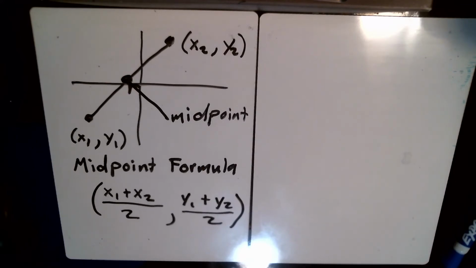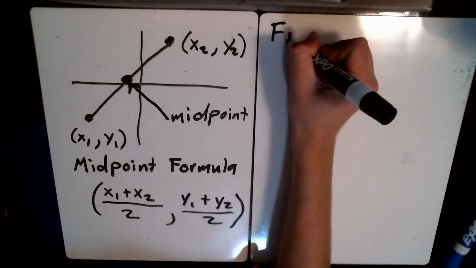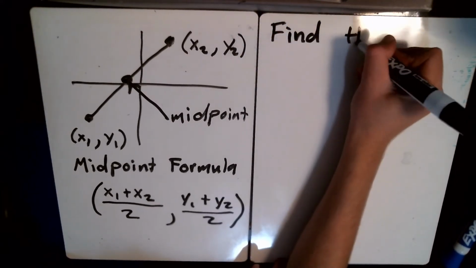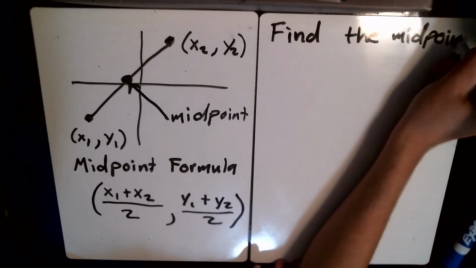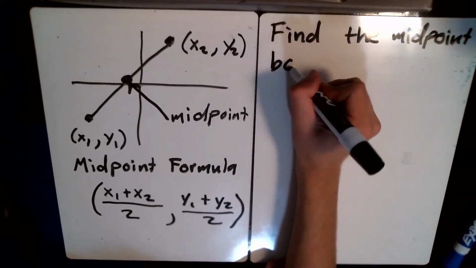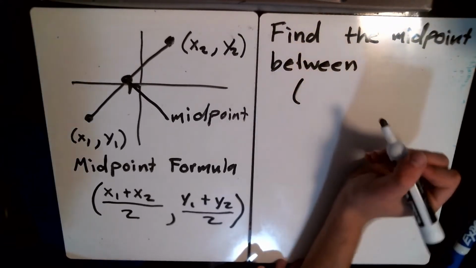So let me do an example of one where you would see some radicals happening. Let's find the midpoint between the points that I'm going to write down here.